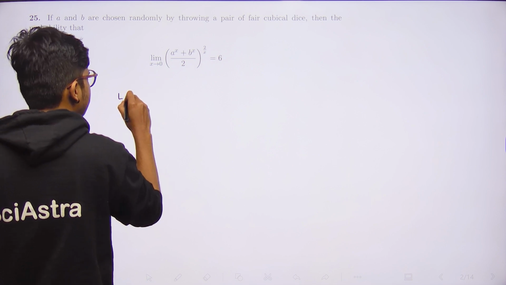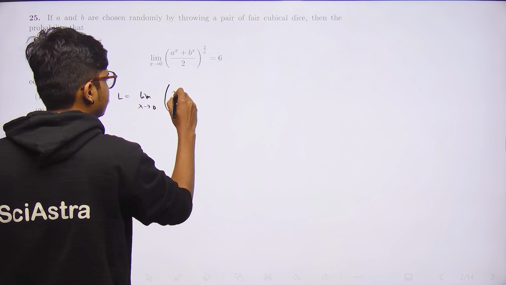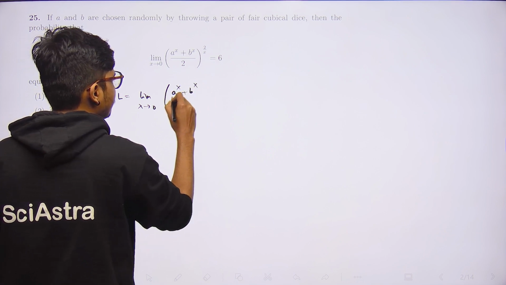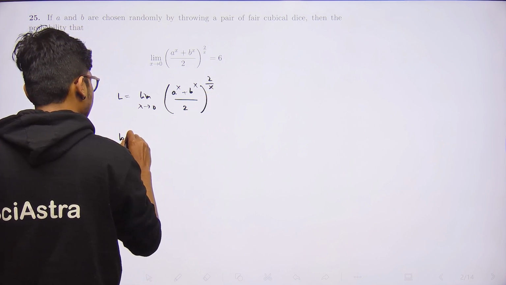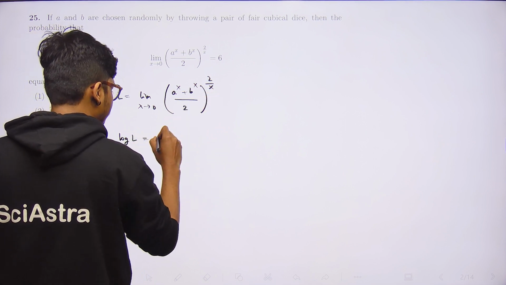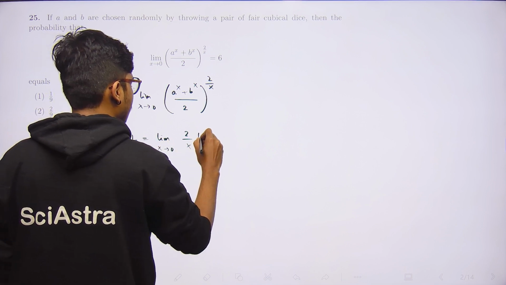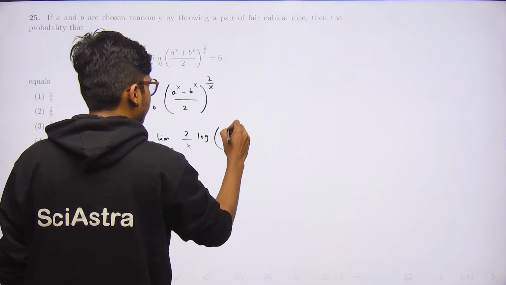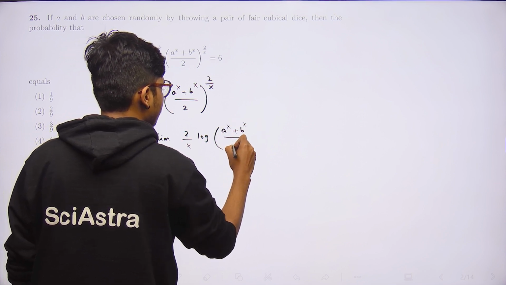Let's say limit L is equal to this one, x going to 0, a to the power x plus b to the power x divided by 2 whole to the power 2 by x. So log of L is going to be the limit as x goes to 0 of 2 by x log of a to the power x plus b to the power x divided by 2, right?